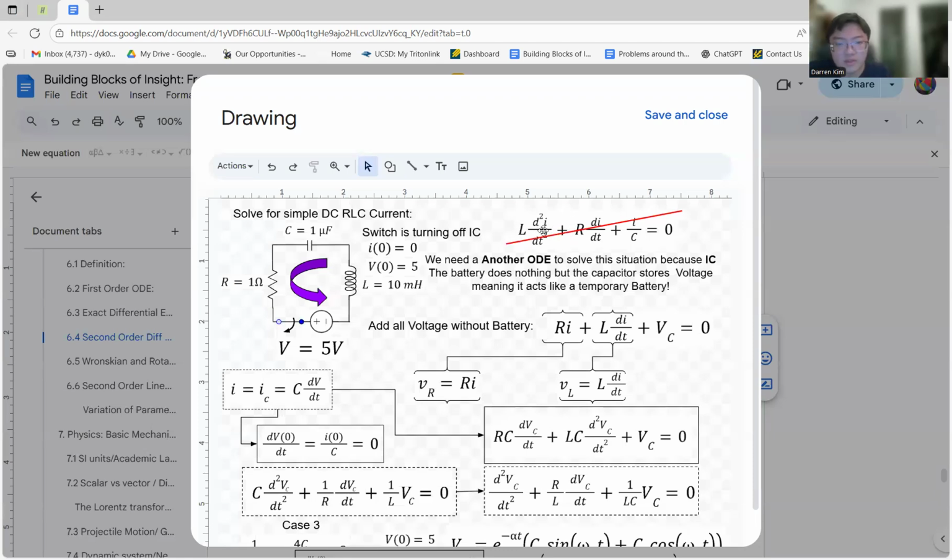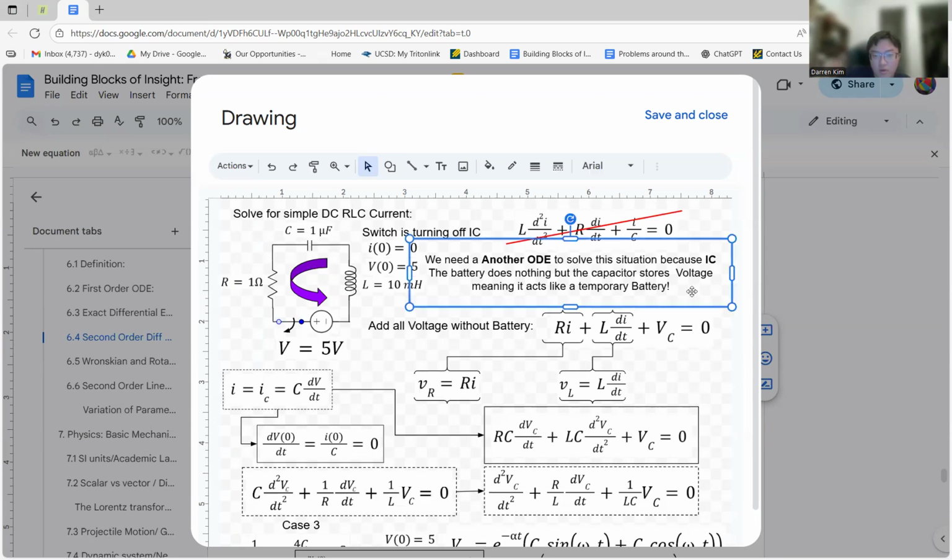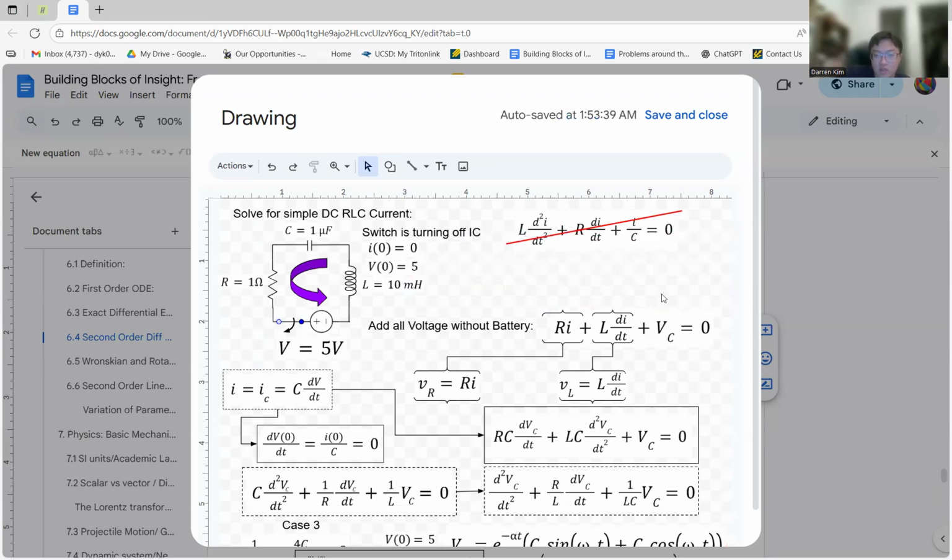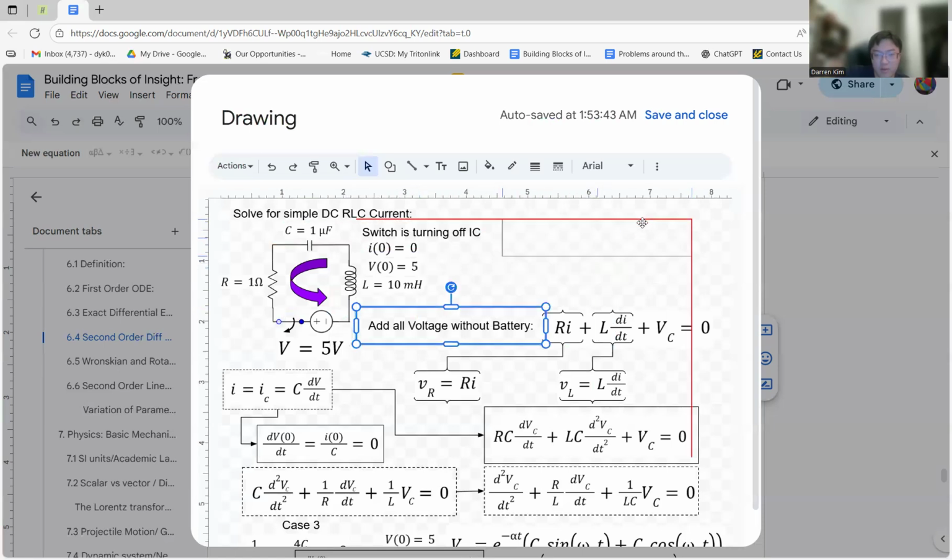This is correct, but this is the derivative of the current, of the voltage, sorry. A derivative of the voltage. Yeah, this is not needed. Sorry about that. I'm fumbling bad here.